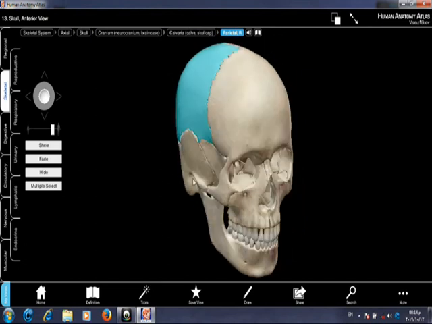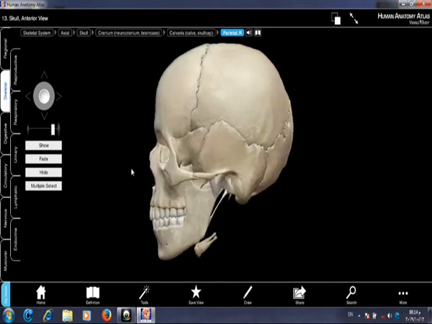So on the right and on the left are the same bone names, okay? But found in double: temporal right, temporal left, sphenoid right, sphenoid left, parietal right, parietal left, okay? The same names of bones are found on both sides of the cranium.